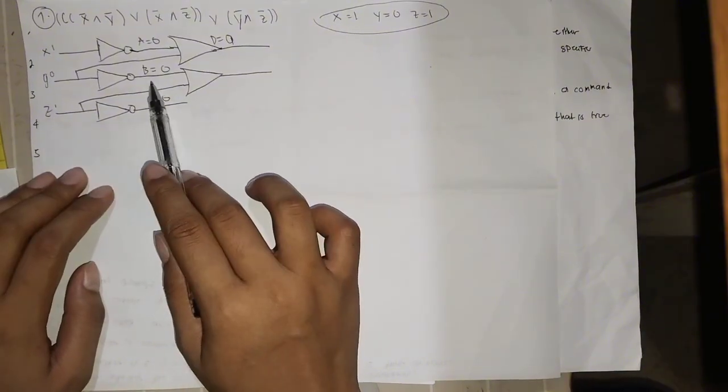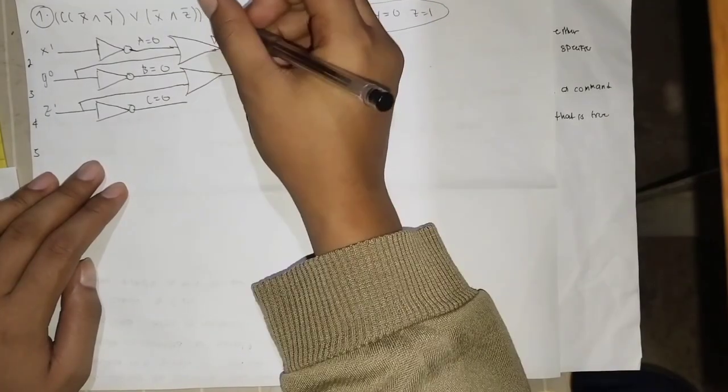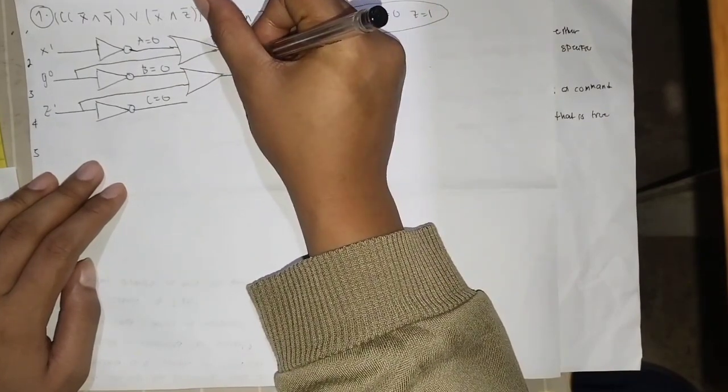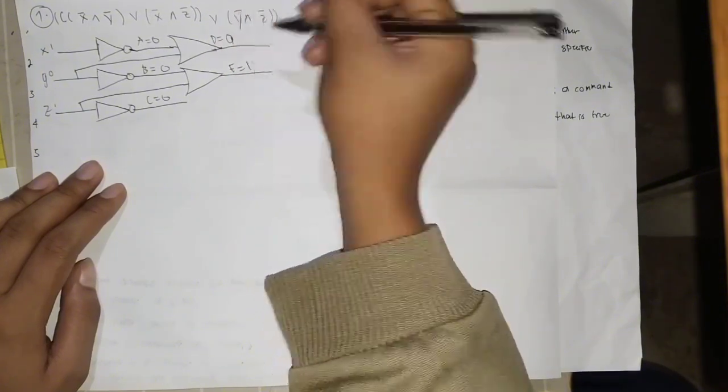Since one input is 1, the output E is 0. So the output of E equals 0.